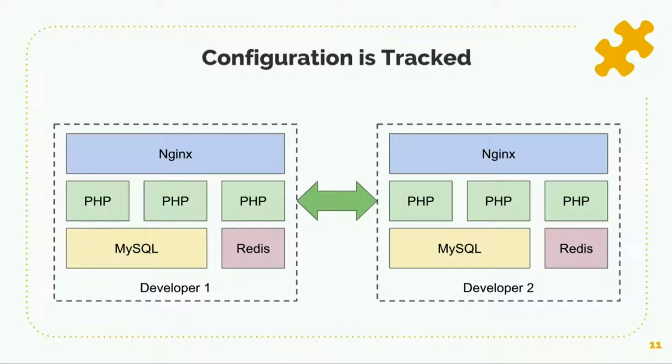Another thing I really love about Docker is that you can track your configuration at the individual container level. So you can use Docker images that are shared between your teammates or between your local host and the server to make sure that you're running the exact same infrastructure for each one of these running containers as you are locally out in production.